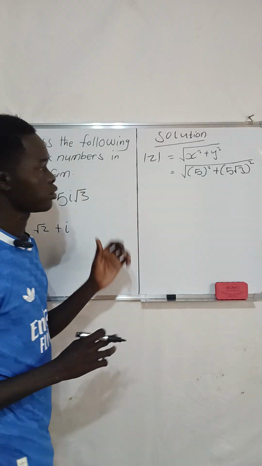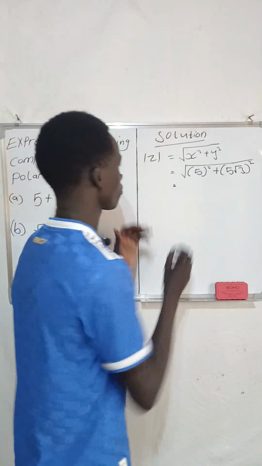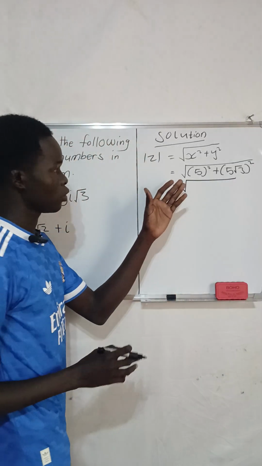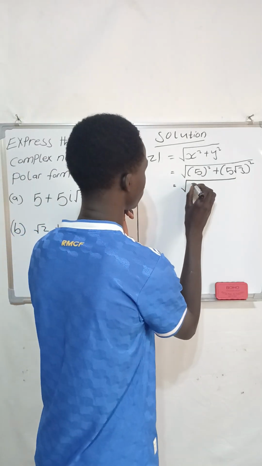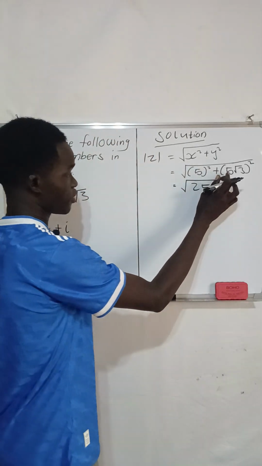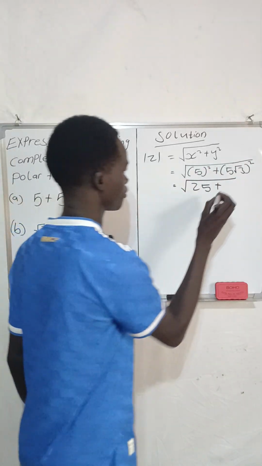Now we have the root of, what is 5 squared? We have 25. How about 5 root 3 squared? I think we have 75.